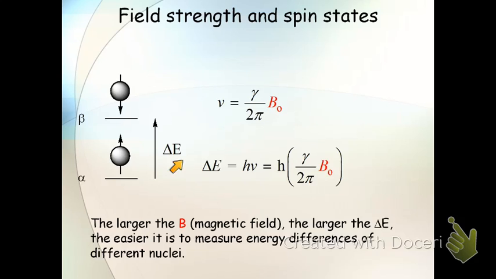Again, if you cancel part of the magnetic field by putting an electron cloud around the nucleus, then delta E gets smaller. And we have to have some landmark values, but we use that information to determine what kind of chemical environment or electronic environment that particular hydrogen is in.